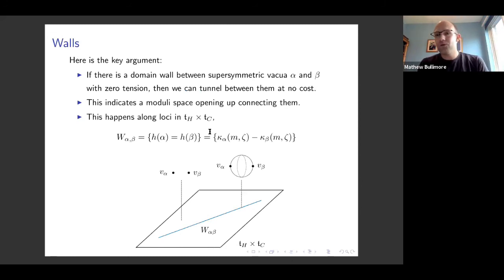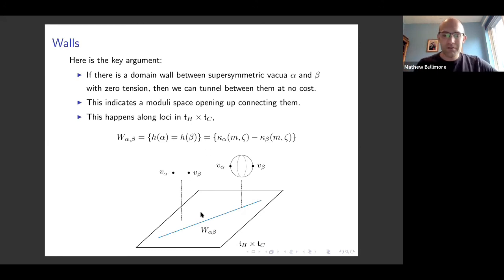And if the tension of such a domain wall vanishes, then that means you can go from one vacuum to the other without costing any energy. And so that indicates that those vacua are not actually isolated anymore. There ought to be a moduli space or a parameter space that connects the two. And these are the loci where interesting things happen.